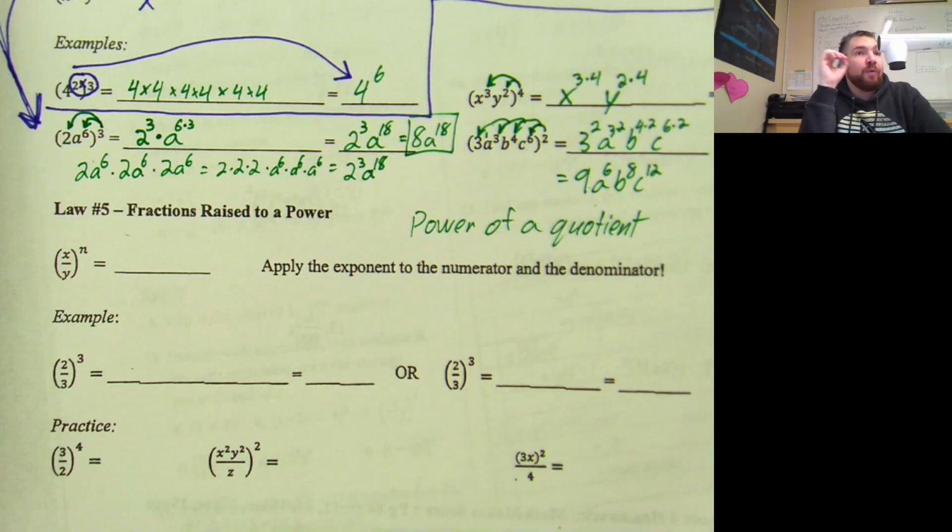But the reason I'm calling it what I'm calling it is because the questions that I give you may say, simplify the power of a quotient. And you're like, what is this power of a quotient business? So that's why I'm introducing the language to you here. The last section we're going to do in the chapter is we're going to take all the laws together, and I'm just going to give you a single question. I'm going to say, simplify.